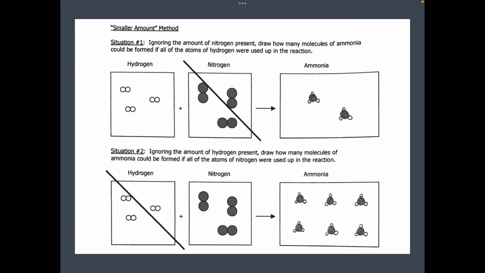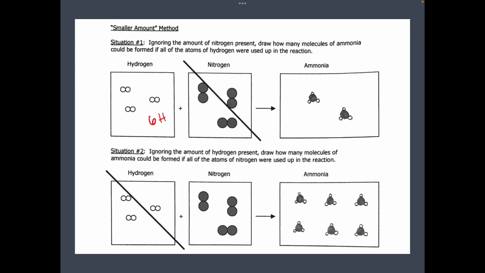Okay, so if we say we have as much nitrogen as we want, and we're just limited by our hydrogen, then we can draw 2 ammonia molecules. This is because we started with 6 hydrogen atoms, and to make 1 ammonia molecule, we need 3 hydrogens, so we only have enough to make 2 ammonia molecules.